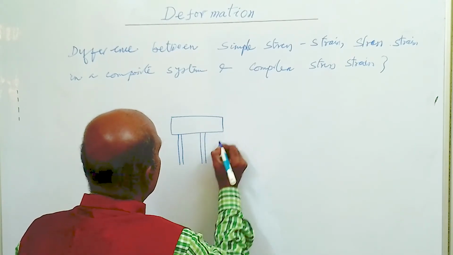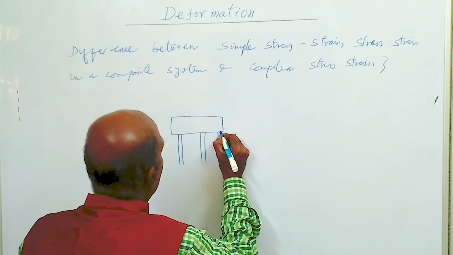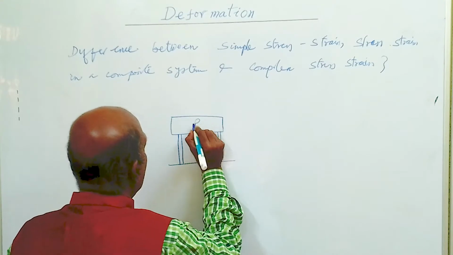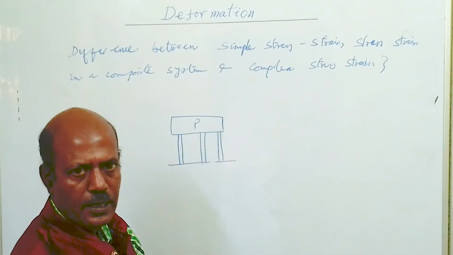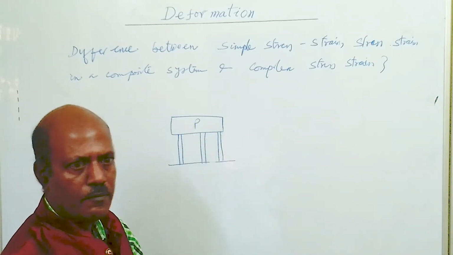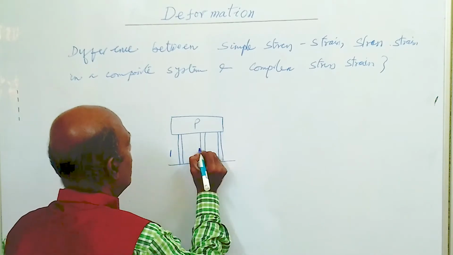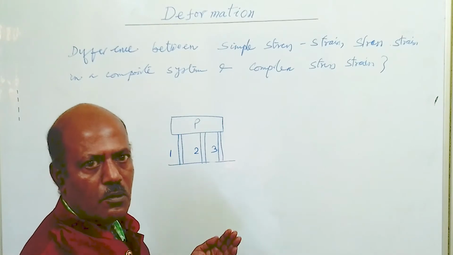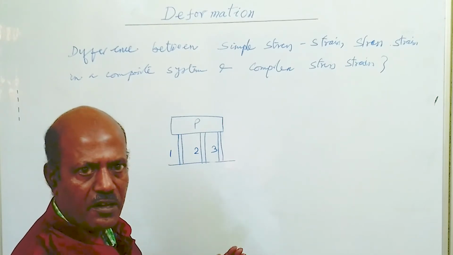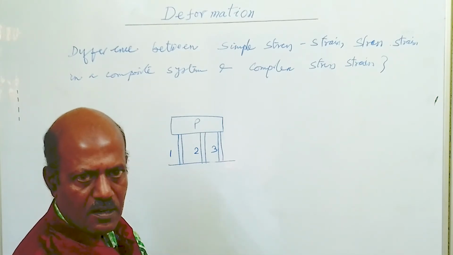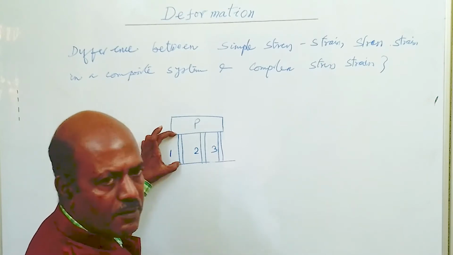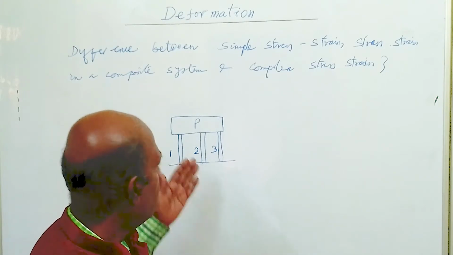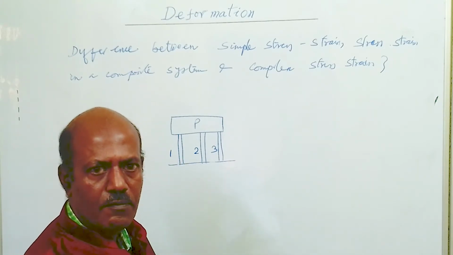It may be same material, it may be different material. Let the total load P be a compressive load here, taken by bar 1, bar 2 and bar 3. So that means the total load is shared by 3 members here. The length of the members may be same, may be different also. So here the lengths of the members are same.